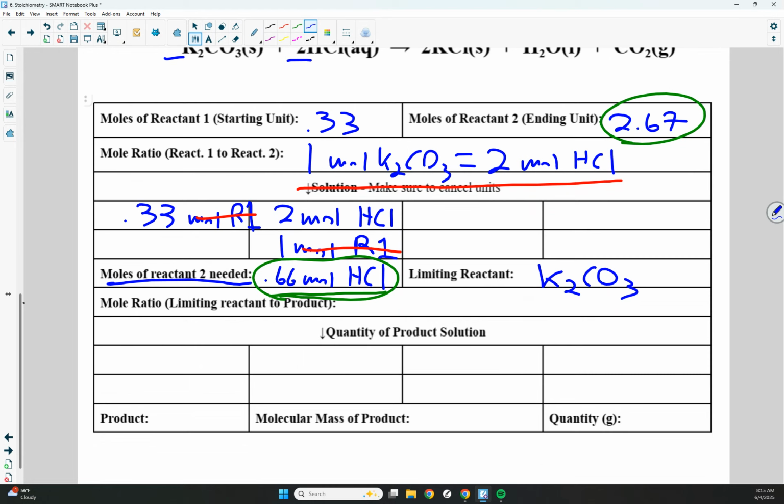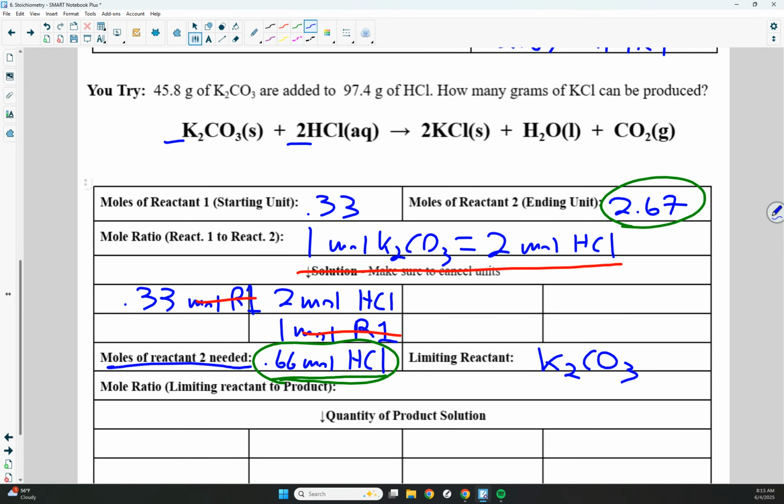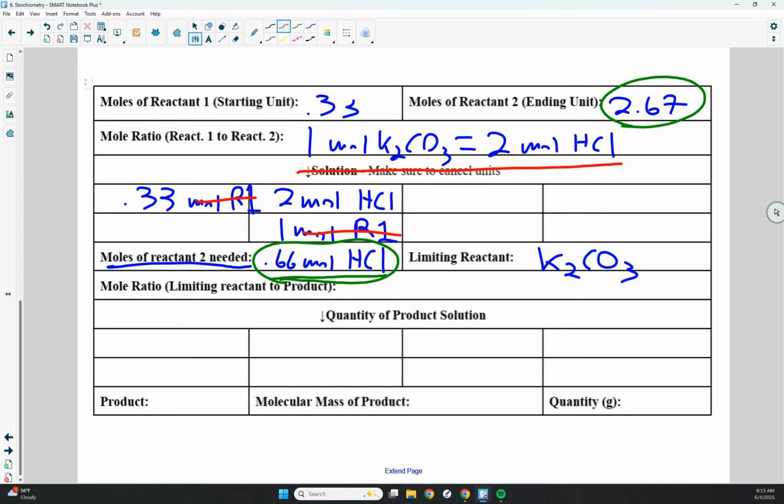Now moving down, now that we know what our limiting reactant is, let's figure out how much product we can actually make. So my mole ratio of the limiting reactant to product is, let's come back up here to the equation. I've got 1 mole of K2CO3 for every 2 moles of KCl, which is my product of interest.